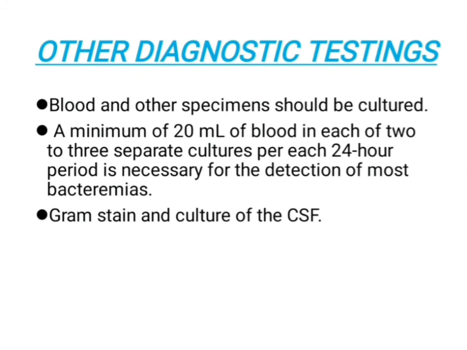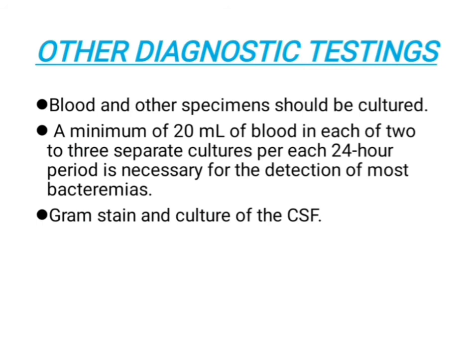Now coming to the other diagnostic tests, we have to conduct other diagnostic tests to ensure that the patient has a bacterial infection. Other tests are blood culturing and culturing of other specimens. Okay, so the blood tests can include CBC, that is complete blood count, and others include complete metabolic profile, prothrombin time, partial thromboplastin time, urinalysis and so on.